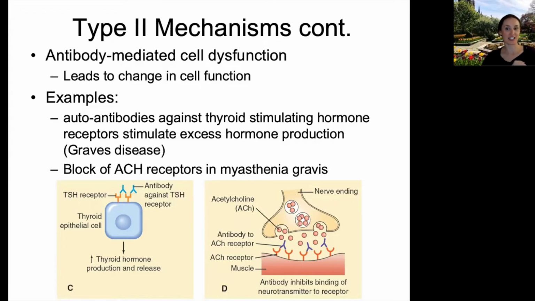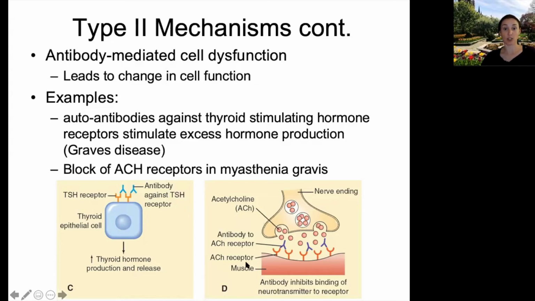This is interesting because the antibody will go to the thyroid stimulating receptor on our thyroid cell, and the receptor thinks, oh, this is thyroid stimulating hormone, and it will cause an increased release of thyroid hormone. So this person will have hyperthyroidism, also known as Graves' disease. So it didn't destroy the cell, but it altered the function.